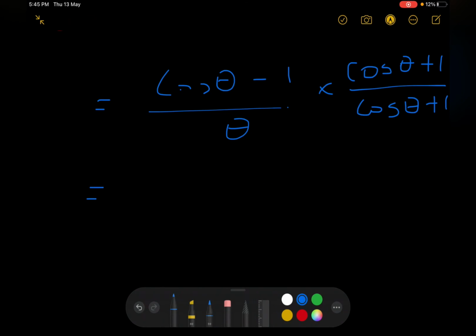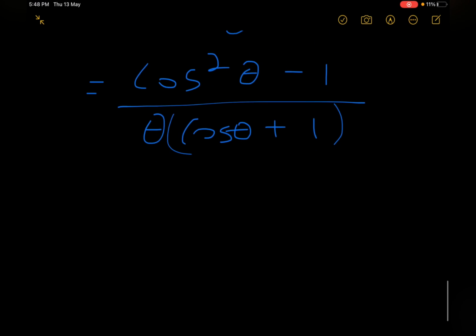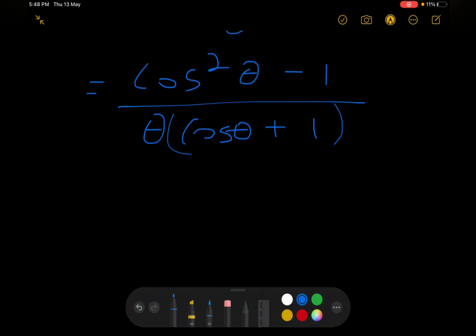From this we will result in cos squared theta minus 1 in the numerator, and in the denominator, theta times cos theta plus 1. Put this in a bracket. Now from the unit identity, that is what I call it, the unit identity, let me write it right here.